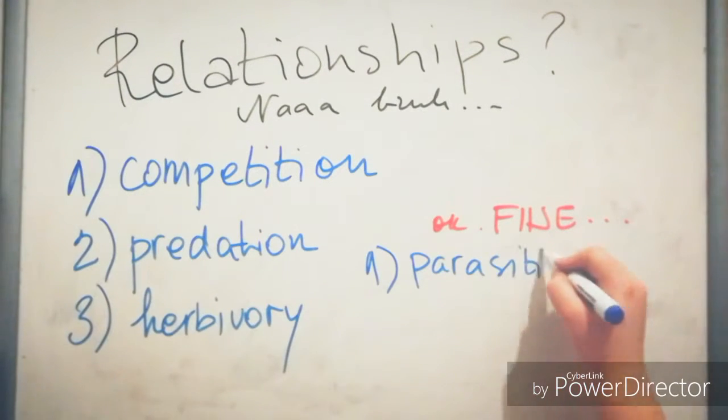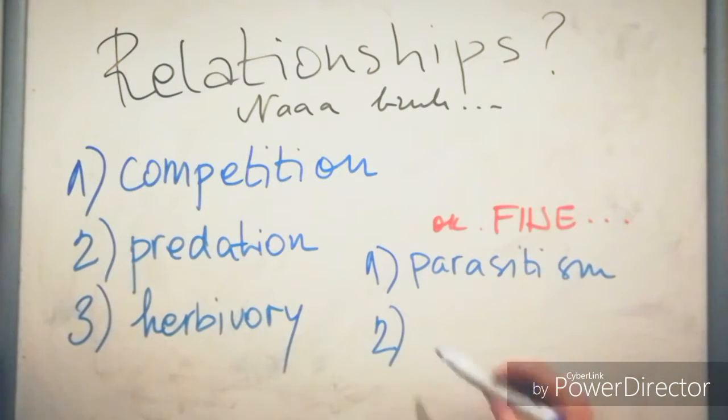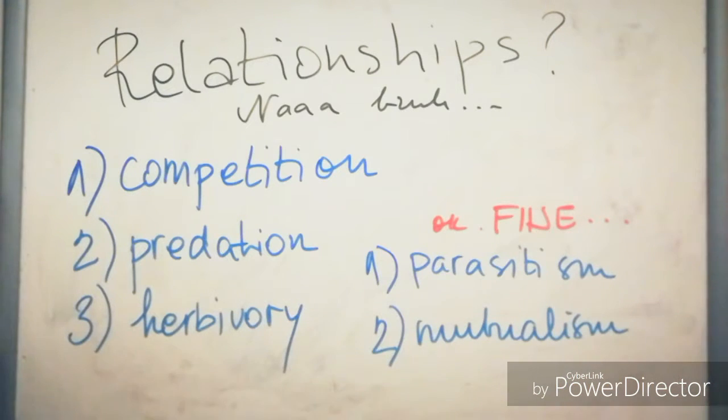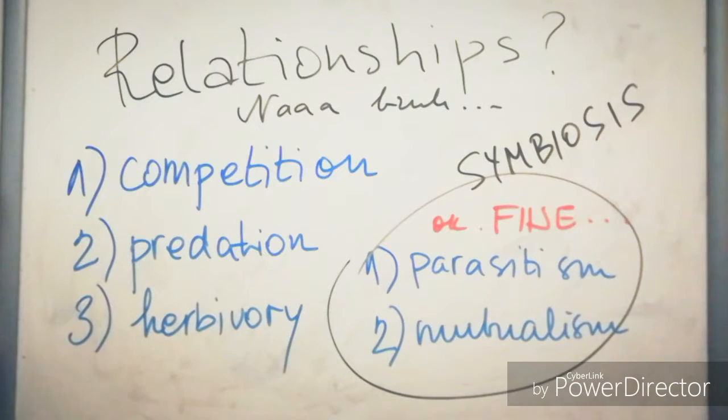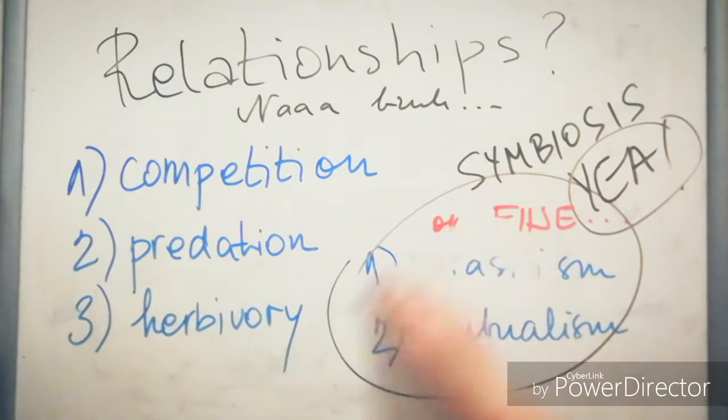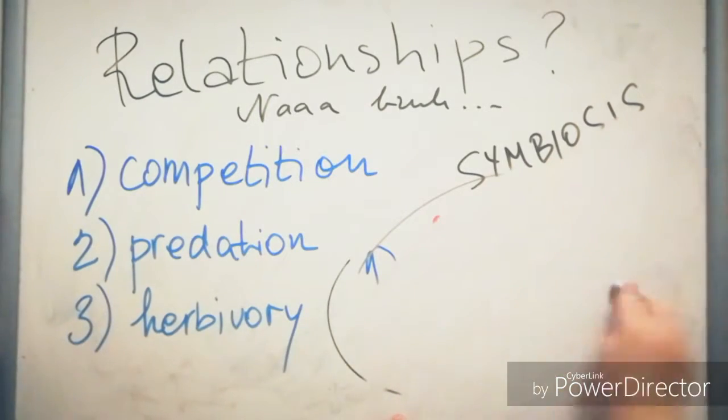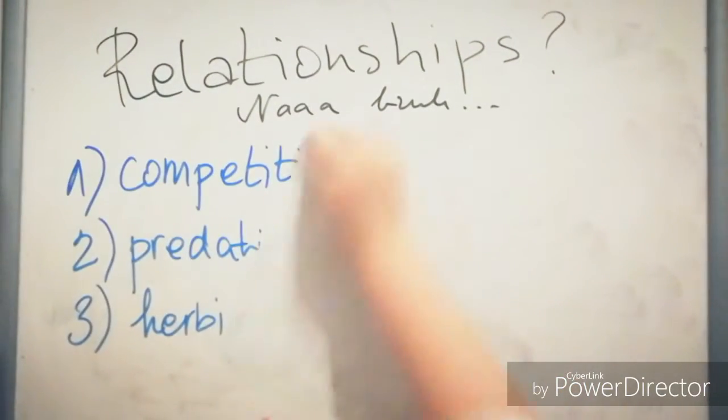Then there's also parasitism and mutualism, which have an umbrella term, symbiosis. In the case of mutualism, it's a symbiosis where both parties benefit and neither is at a loss.